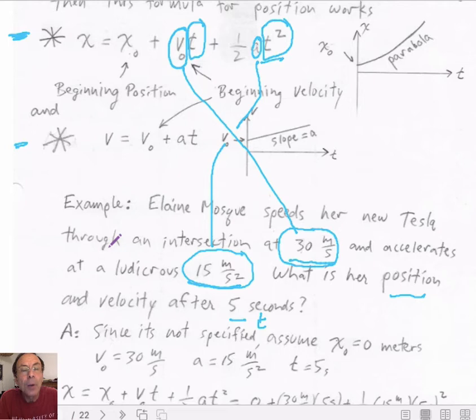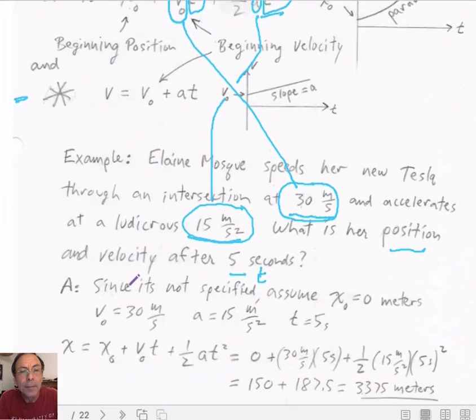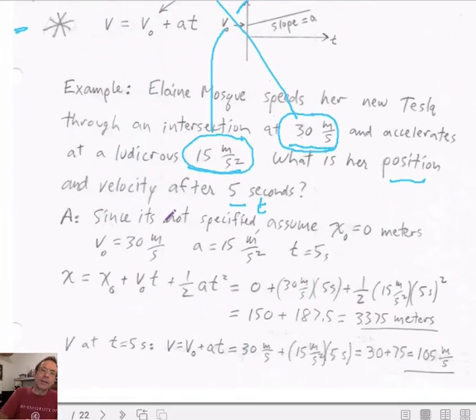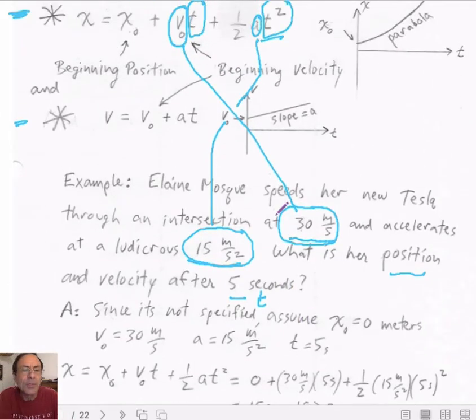Okay. Now, I didn't actually say what x0 is, but when you have a problem and something like x0 is not specified, as you do these problems, you'll begin to get used to it, and after doing a bunch of these problems, you realize that that just means that it's 0.